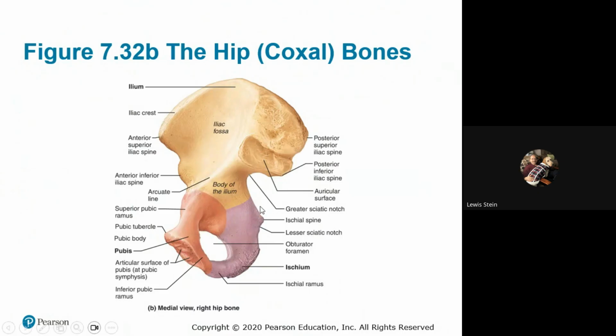This is called the sciatic notch, greater and lesser. What passes through it, the largest by diameter nerve in your body, the sciatic nerve. The spine is sort of created by the passage in between them. This is called the obturator foramen, and that's really a large foramina on either side. Muscles, tendons, vital structures pass through there, etc.